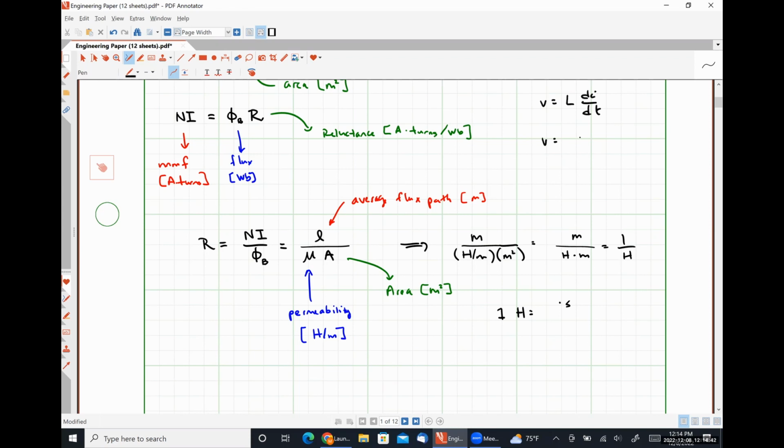Voltage is equal to Henrys times amps per second. So a Henry is a volt second per ampere. Sorry if I did that out of order. So 1 over a Henry is going to look like an amp per volt second.